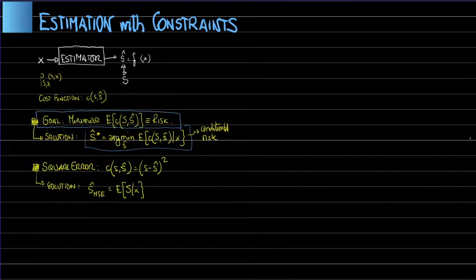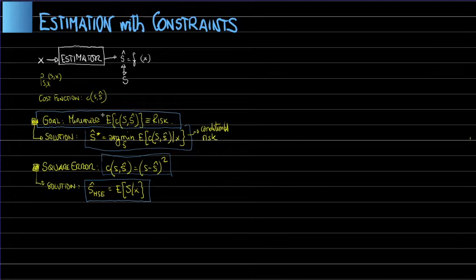So we have a general formulation for the problem, and in the particular case of the square error, we have a particular form of the solution. This is usually called the unconstrained minimization problem because we are not imposing any constraint on the estimator.